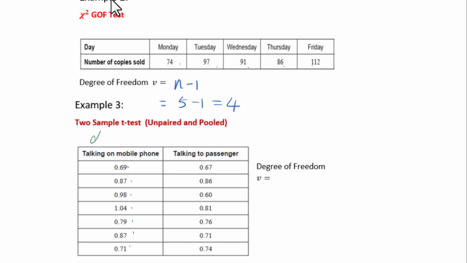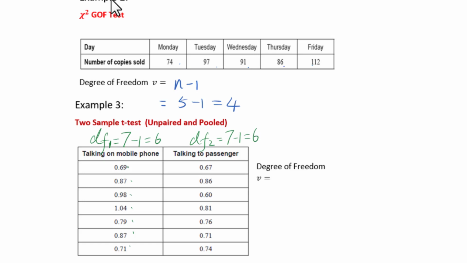So the degree of freedom for the first set of data is 7 minus 1 equals 6. Let's label it as DF1. For the second set of data, the degree of freedom equals, count the size of the sample, 7 minus 1 equals 6.